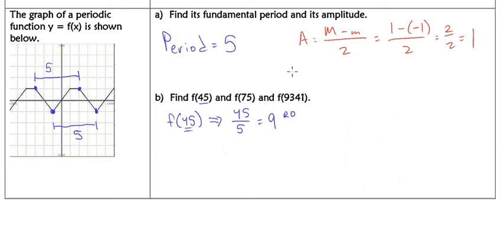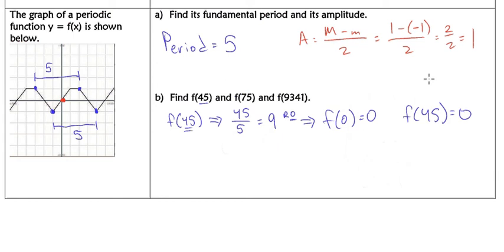So what we're really going to do then is we're going to say, hey, that's the function f of x, but we're going to put in the remainder, so 0. That's f of 0. What is our output when we plug in f of 0? Well, our output is 0. So f of 0 equals 0. That means that f of 45 equals 0.